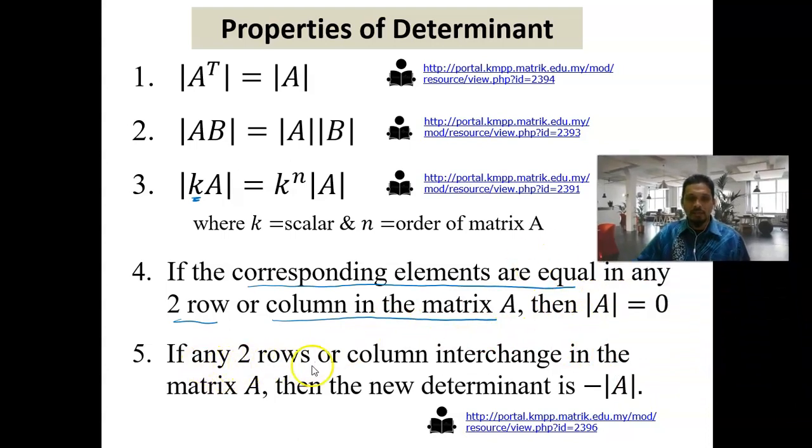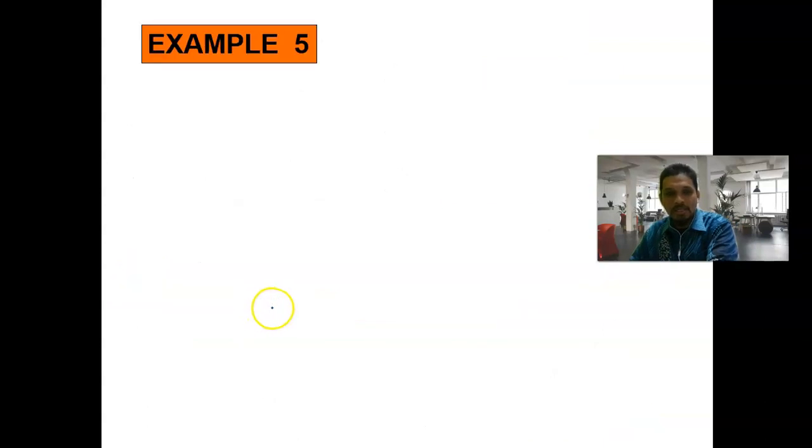And if any two row or column interchange in the matrix of A, then the new determinant is negative determinant of A. Okay, so we call these rules number 4 and number 5. We're gonna look at this in the next example here.